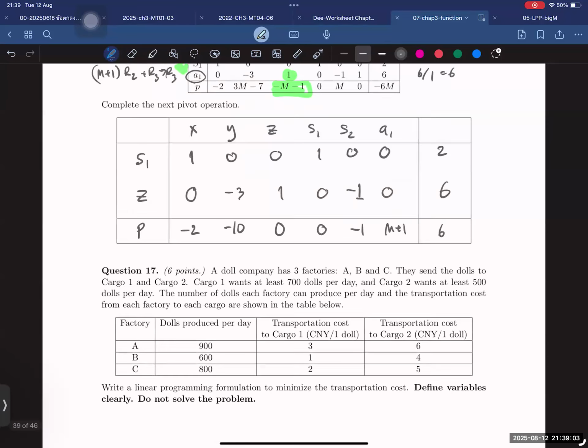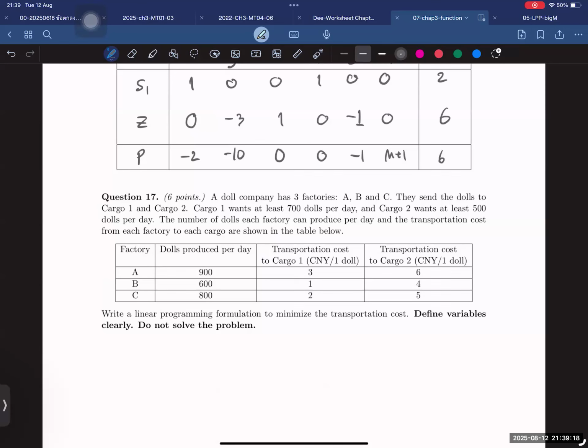All right. Again, this one is a doll company that has 3 factories A, B, and C. They send the dolls to cargoes number 1 and 2. Cargo 1 wants at least 700 dolls per day. Cargo 2 wants at least 500 per day.